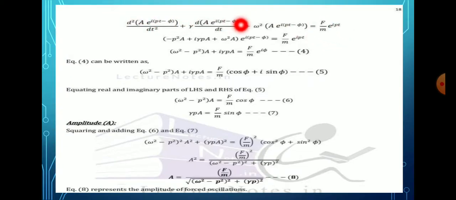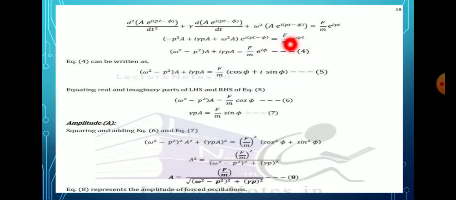When solving this equation, we take common e raised to i(pt minus phi). We get one final equation: minus p square a plus i damping coefficient r p a plus omega square a, times e raised to i(pt minus phi), is equal to f by m e raised to i p t.